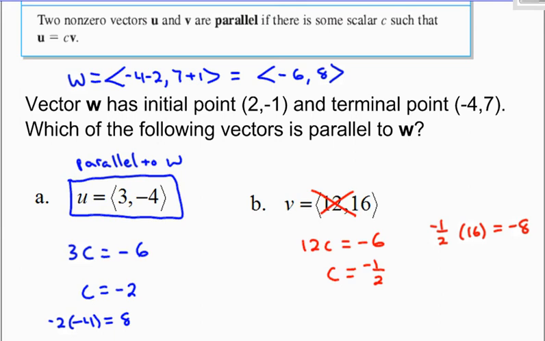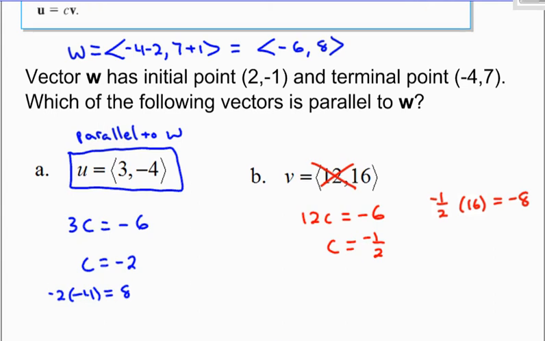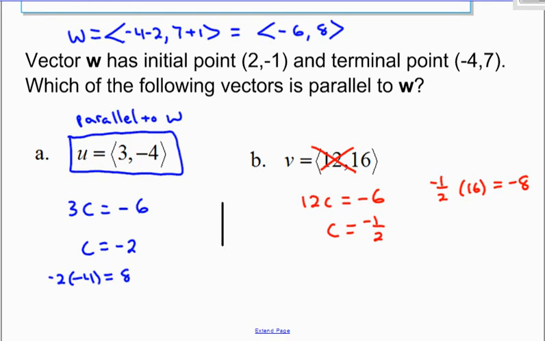It also helps sometimes if you sketch, so let's look at a picture of what's going on here. Vector w goes 6 to the left and 8 up.